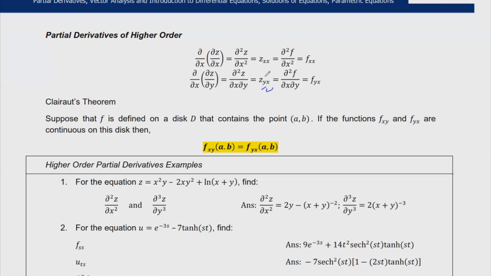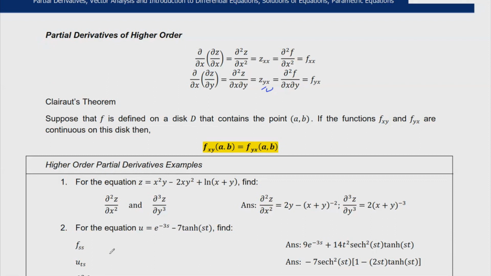That's why this is z sub yx, meaning you differentiate the expression first with y and then followed by x. The same goes for f sub yx, so the function should be differentiated with respect to y and then with respect to x.